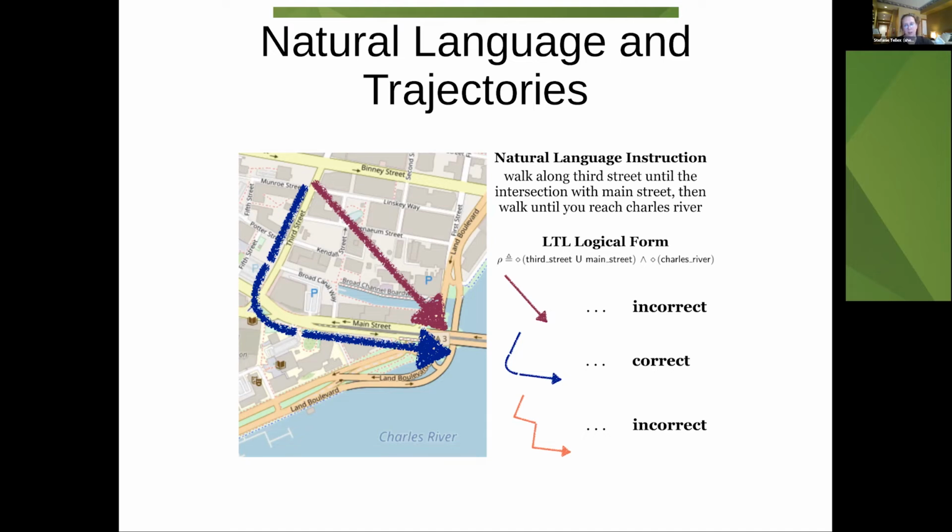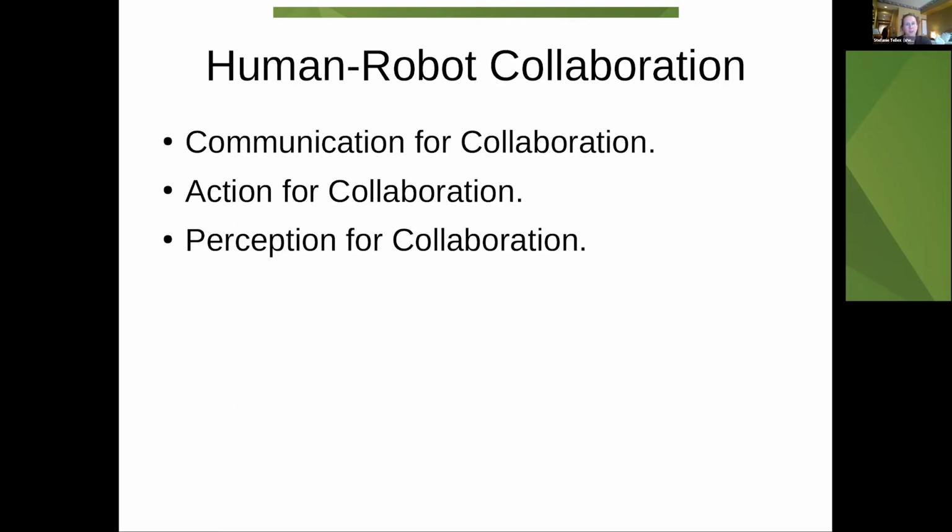So we're super excited about this work. It was published at RSS last year, and it's going to enable us to scale up the size of our data set by going to Turkers and collecting much larger data sets. We don't have to annotate the trajectories.